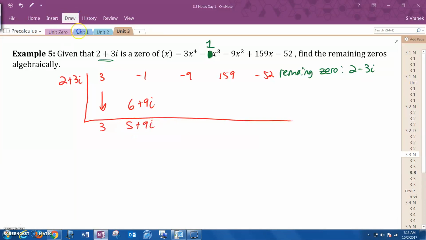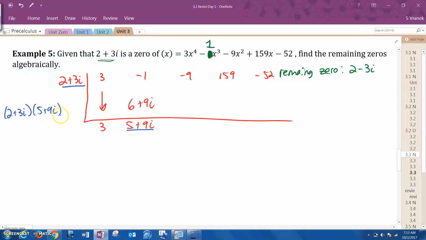Here's where it gets messy, and here's where we're going to make it easier on ourselves. We now have to multiply this times this, which looks like this if you do it. The problem with doing that is we're going to have to FOIL and simplify, then do it again and again, which can be a lot of work for one problem. So for you guys, we're allowing you to use your calculator for something like this.